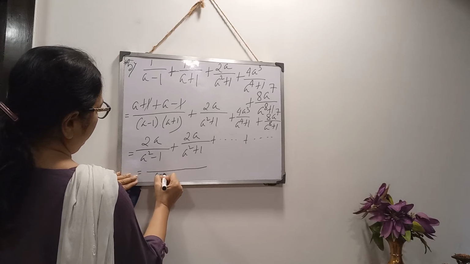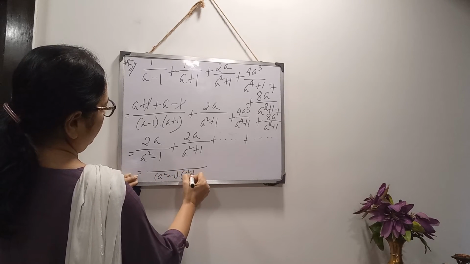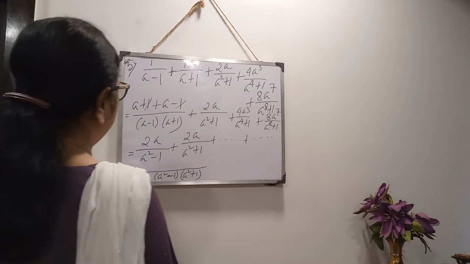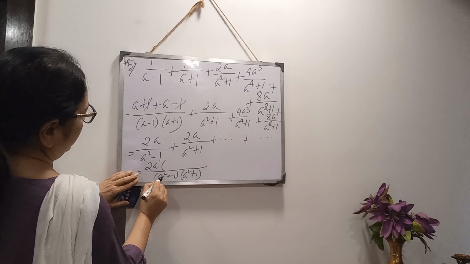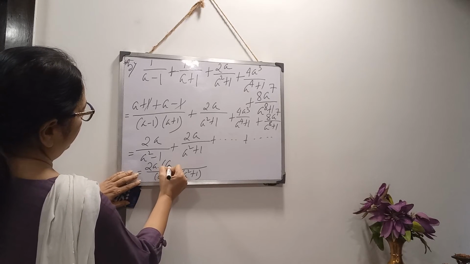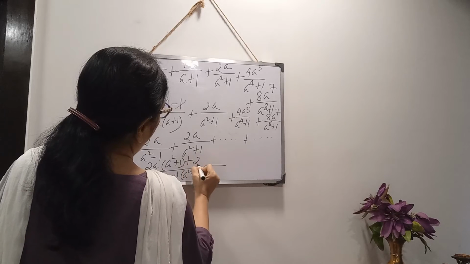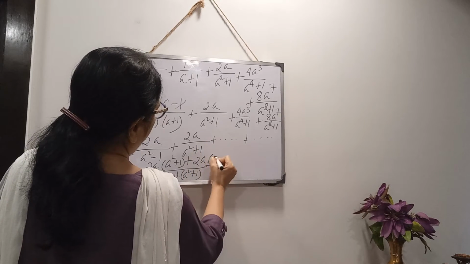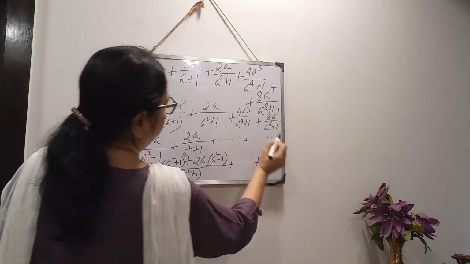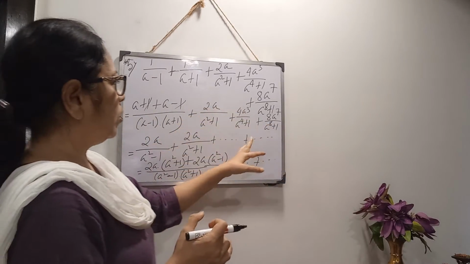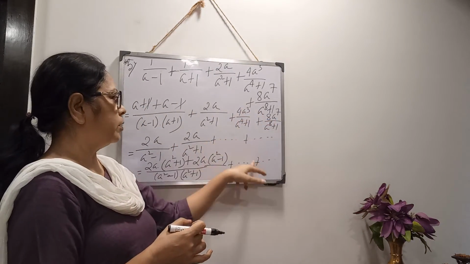A square minus 1 into a square plus 1. Clear? Now here it will come 2a into a square minus 1 is there, missing a square plus 1, plus 2a into a square minus 1, and these two terms will come. You will copy these terms again.